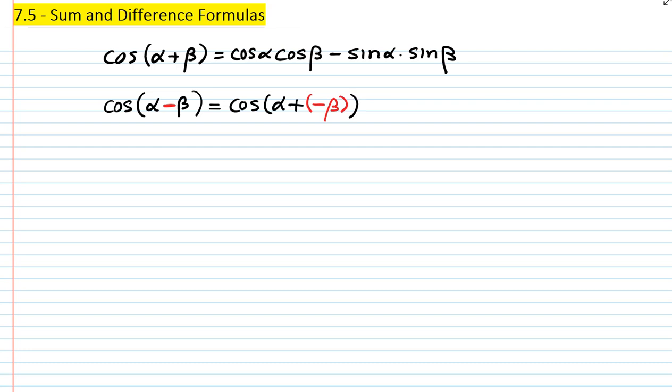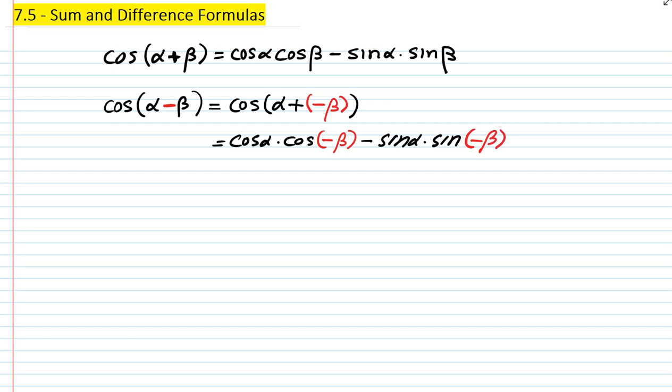This way, I can only work with the addition formula. So according to the addition formula, you write this as cosine of the first angle times cosine of the second angle, minus sine of the first angle times sine of the second angle.